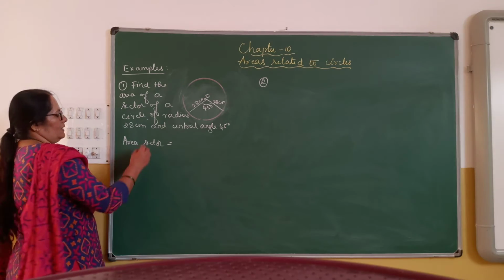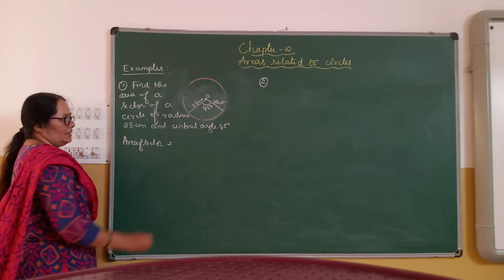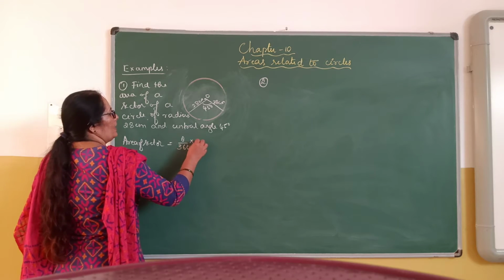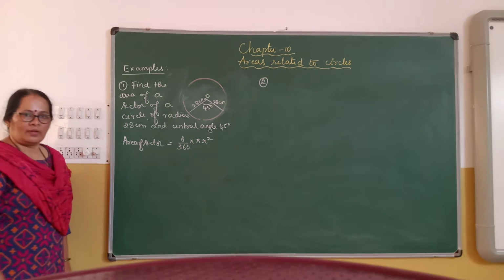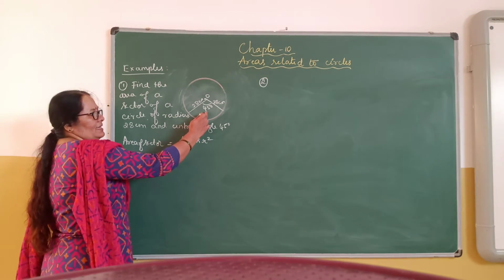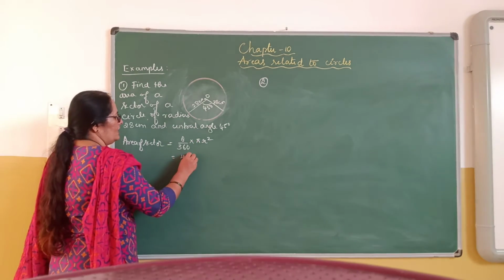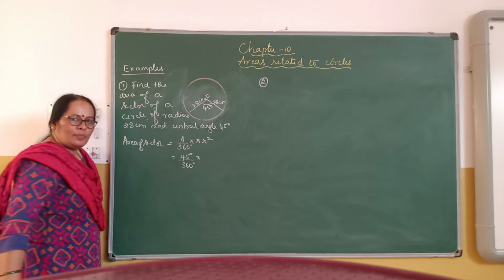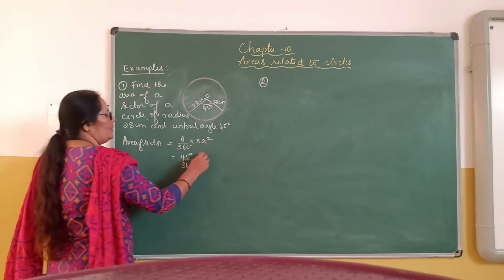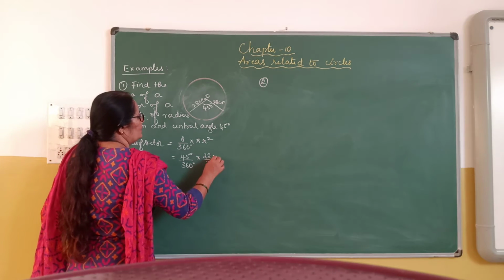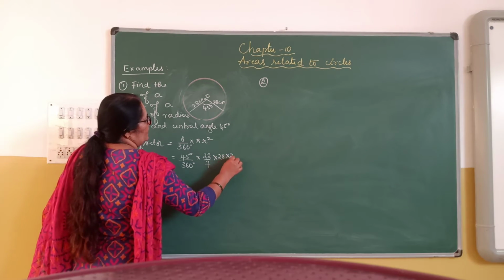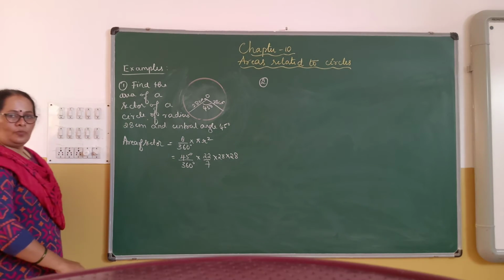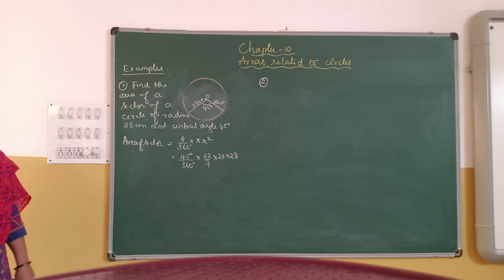Area of sector is theta by 360 into pi r square. What is theta? The central angle, 45 degrees, divided by 360 degrees into pi, whose value is the constant 22 by 7, into 28 into 28, that is the radius of the circle.